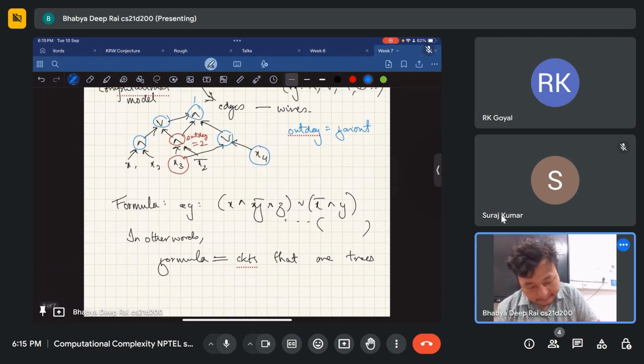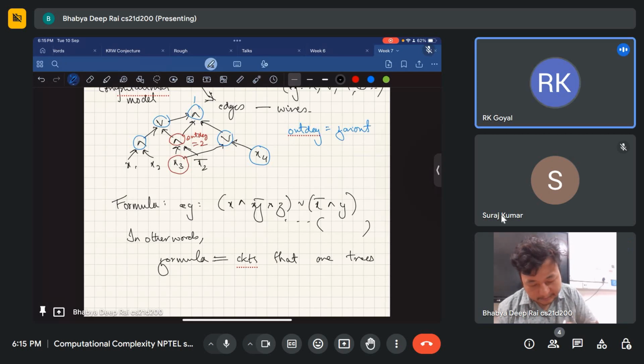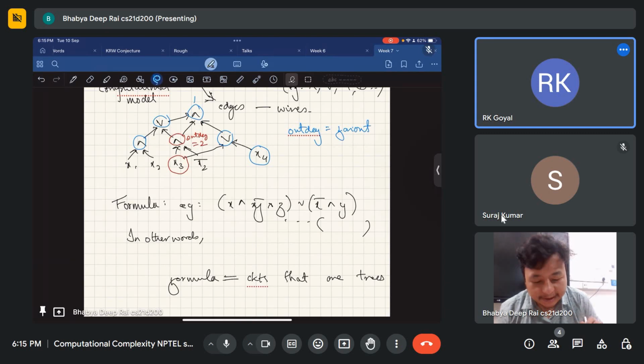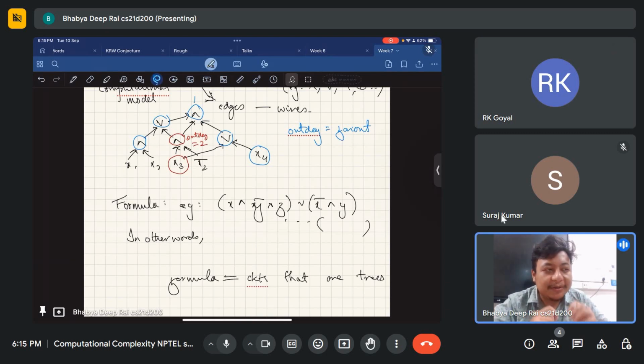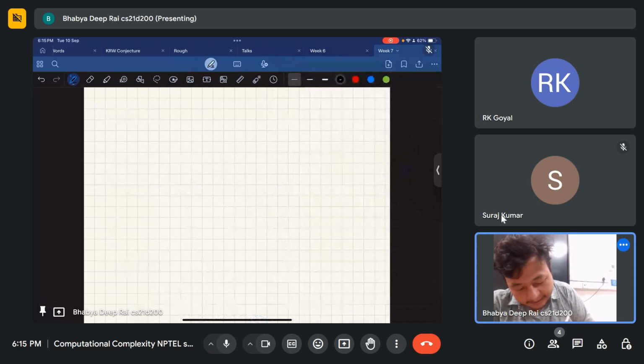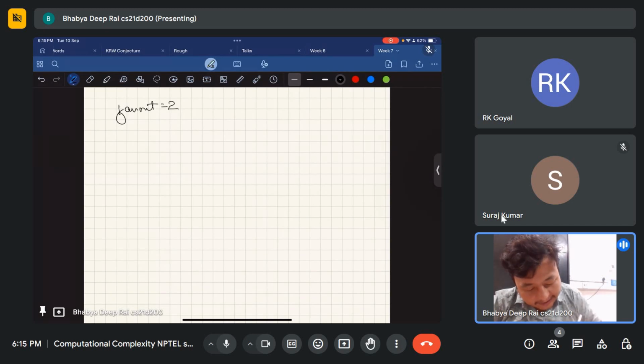So what is the meaning of having a fan out equal to 2? Fan out 2 simply means that I am able to copy a computation. It is possible to have a gate whose output feeds into two other gates.